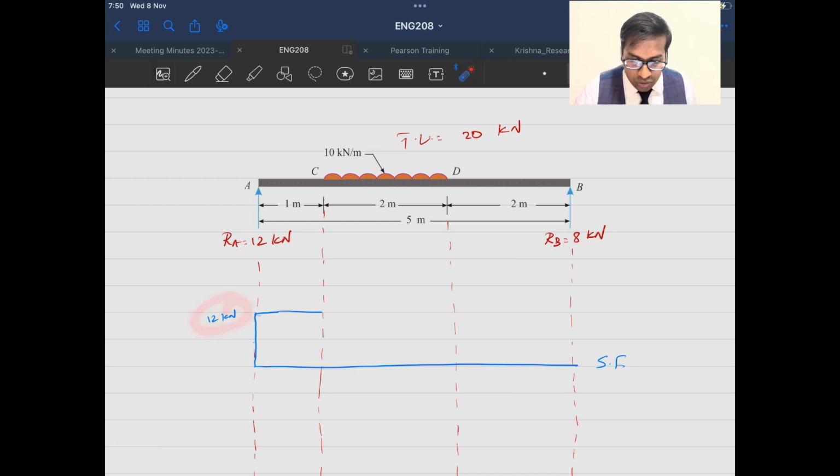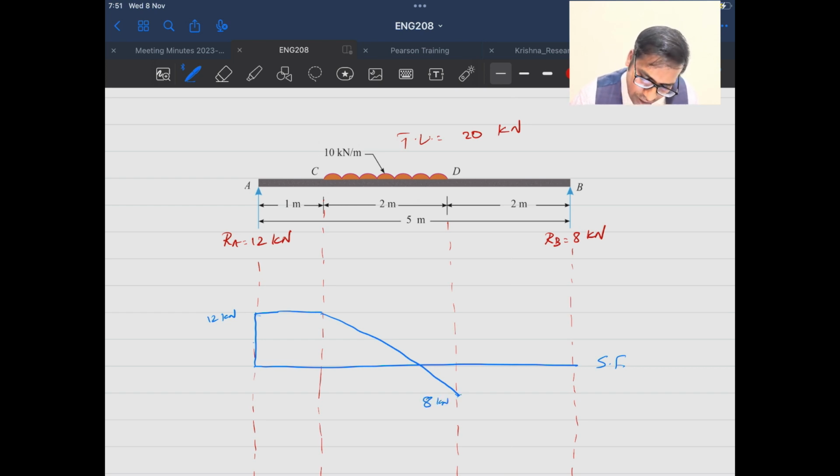So if I apply this load, the final result will be 8 kilonewton, because 12 in the positive minus 20. Okay, so all the 20 total load will be applied. So I follow here and I reach 8. Okay, so this is my 8 kilonewton point.